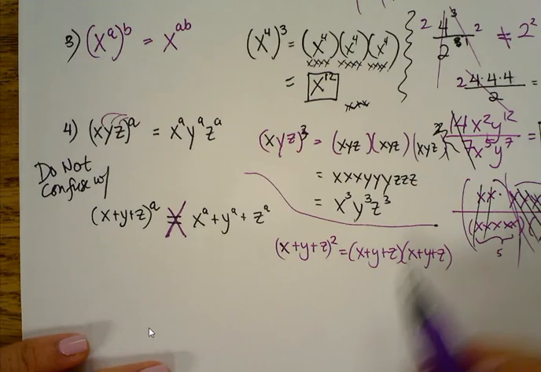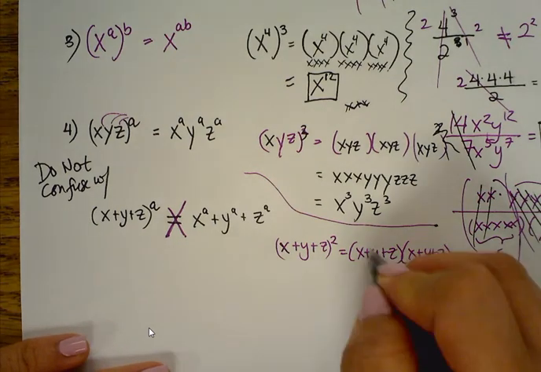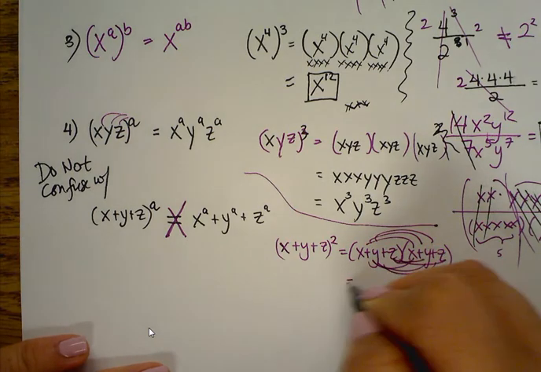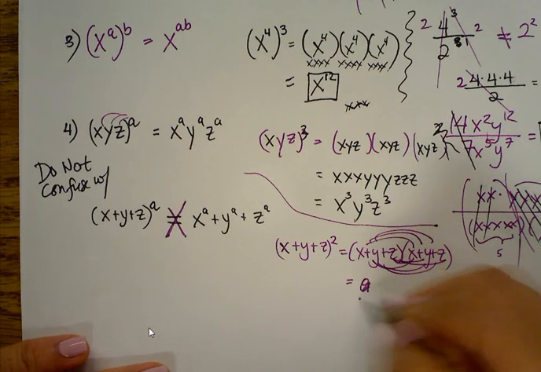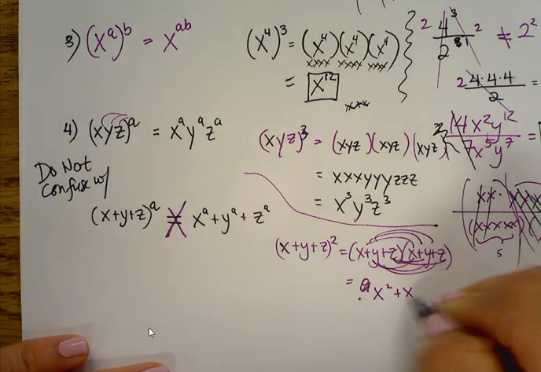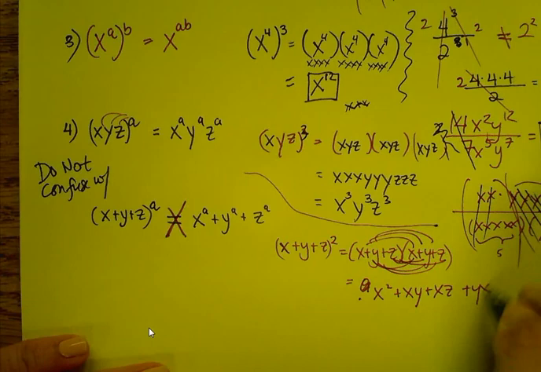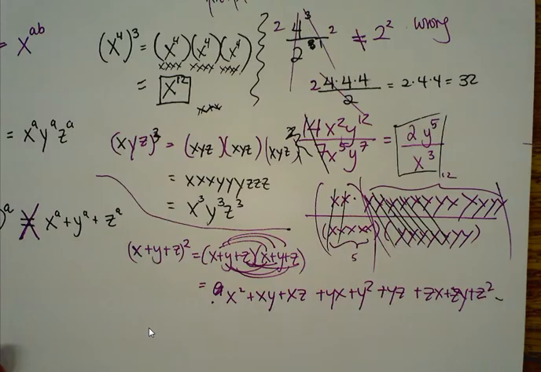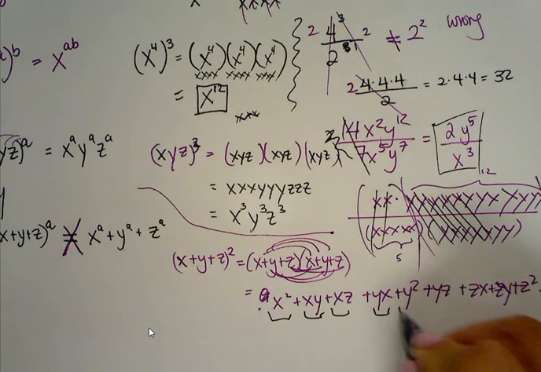No, you'd have to go 1, 2, 3, 4, 5, 6, 7, 8, 9. We would have 9 terms. It would be x squared plus xy plus xz plus yx plus y squared plus yz plus zx plus zy plus z squared. There's no way on Earth or Mars that that is the same thing as that. Okay?